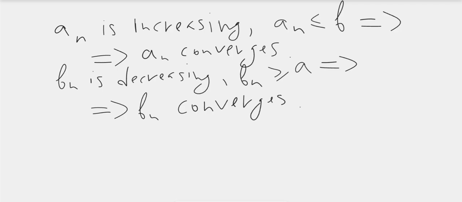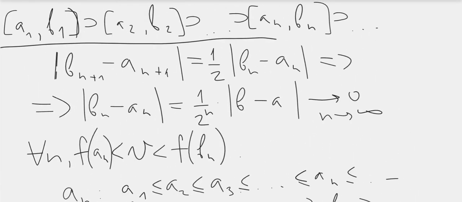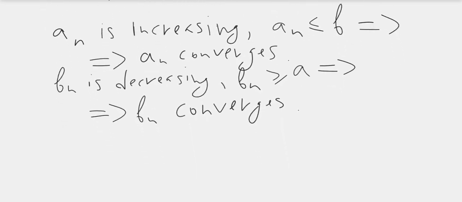So the sequences an and bn are convergent, and because the length of the intervals tends to 0, these two sequences must converge to the same limit, because the difference between them converges to 0.